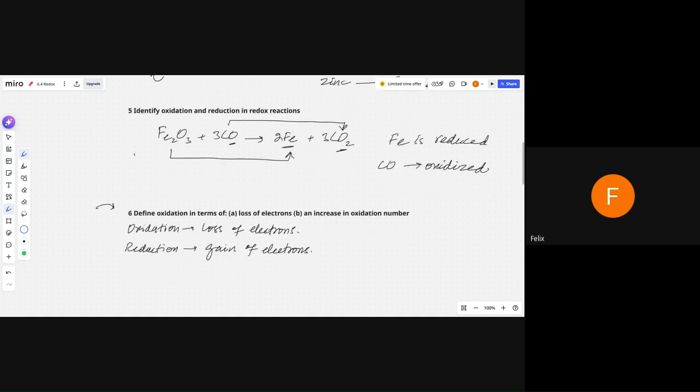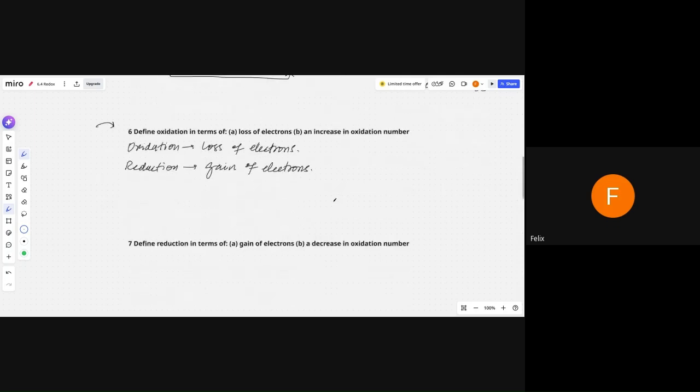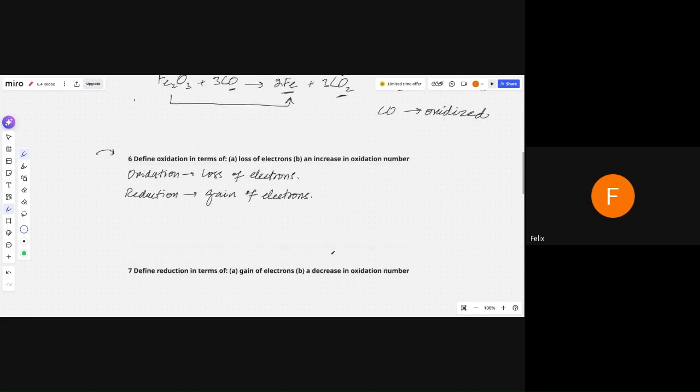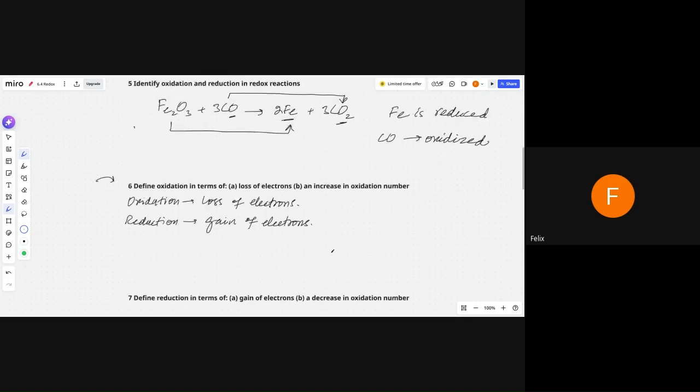Let me give you a few examples, but I think examples will be included in the upcoming topic. Anyway, define oxidation in terms of loss of electrons and an increase in the oxidation number. I'm combining 6 and 7 because it says define reduction in terms of gain of electrons, right? So what is meant by an increase in oxidation number?